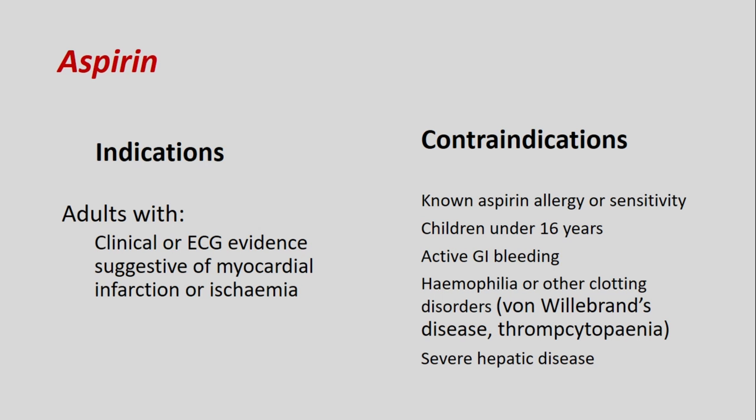Other contraindications include active GI bleeding, which I will talk about a little bit later on in the next slide, haemophilia or other clotting disorders, and severe hepatic disease, and these are all due to the disruption of both the clotting cascade and the enzymatic disruption that aspirin induces.